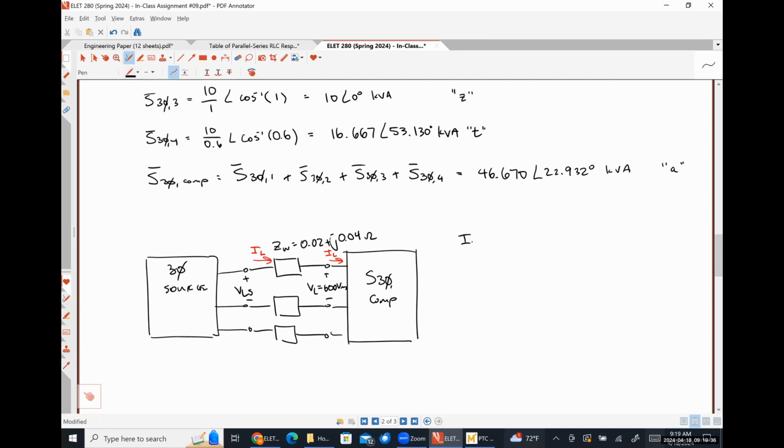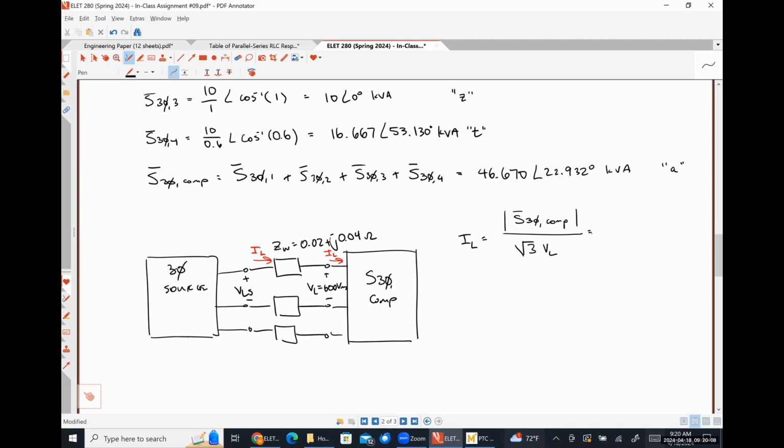So IL here is just going to be our apparent power S three-phase composite divided by √3 VL.